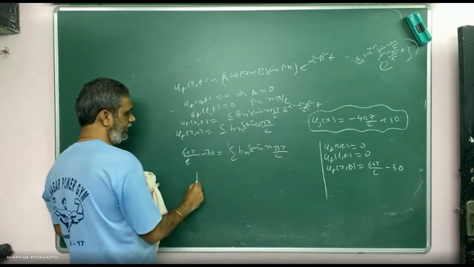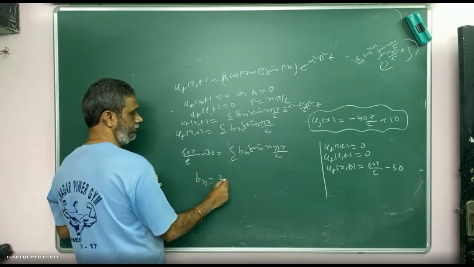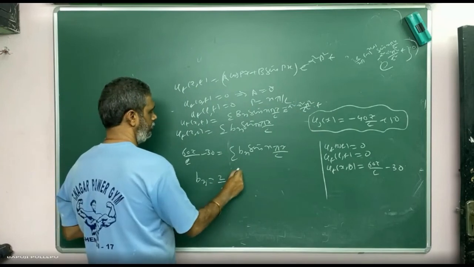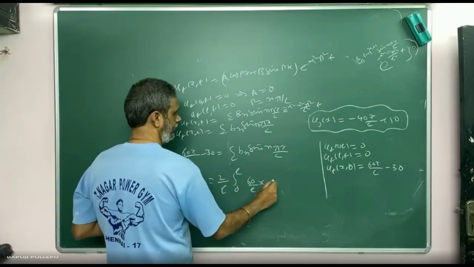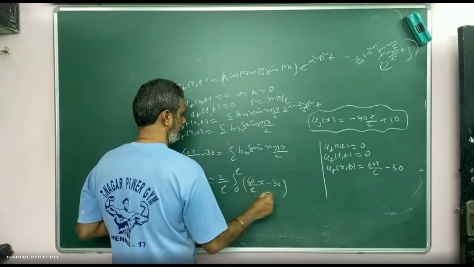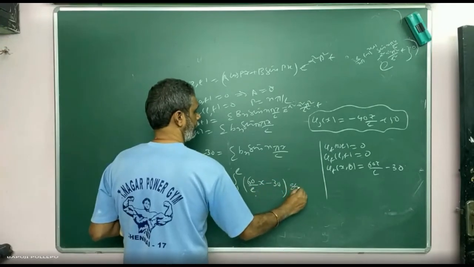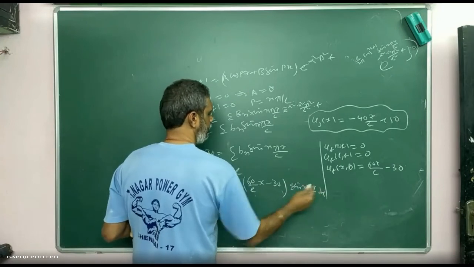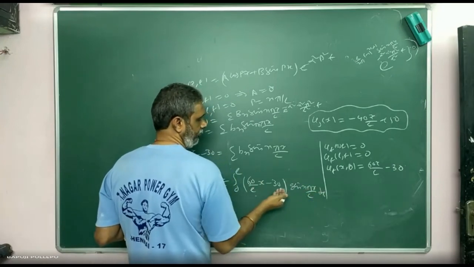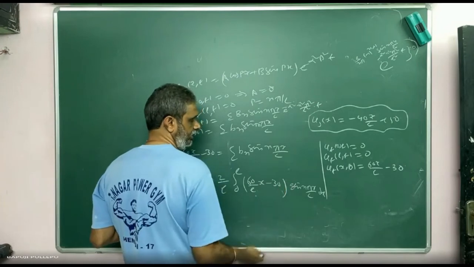Now who is Bn? Bn is equal to 2 by L integral 0 to L of (60 by L into x minus 30) into sin n pi x by L dx. Previously we did 100x by L, now 1 minus 30 is there. Same story.